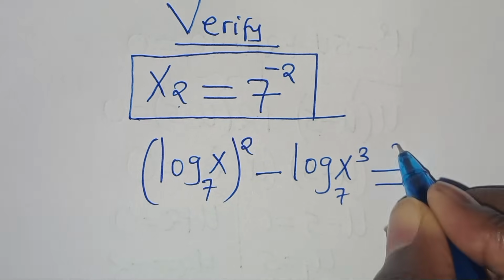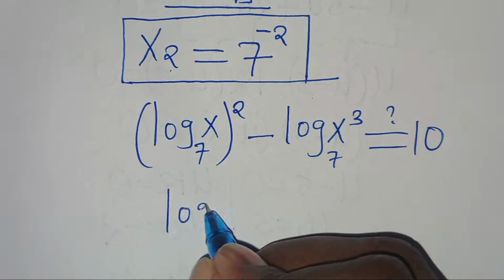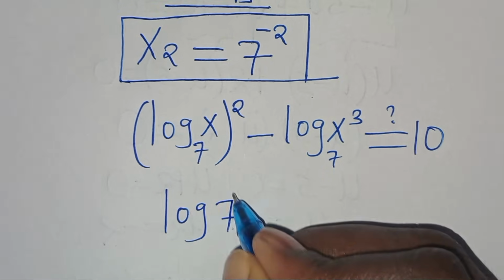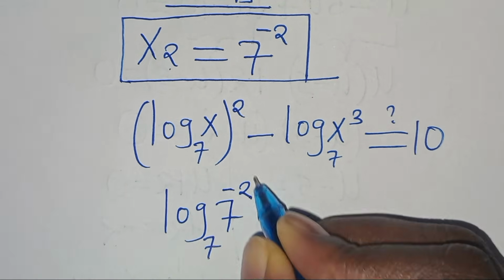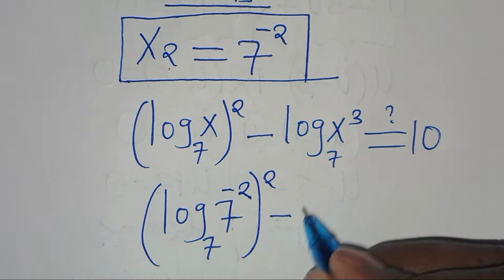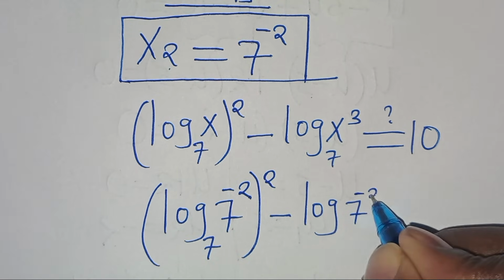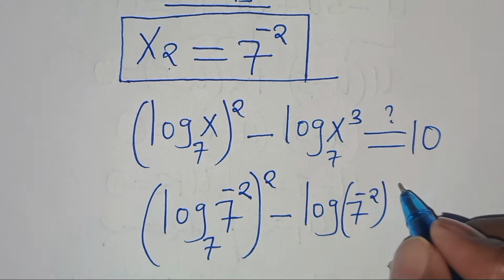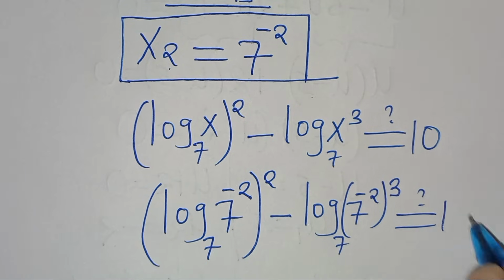This is supposed to give us a value of 10. Now we have log of 7 to the power of minus 2, under base 7, then raised to the power of 2, then subtract log of 7 to the power of minus 2, raised to the power of 3, to base 7. This is supposed to give us a value of 10.